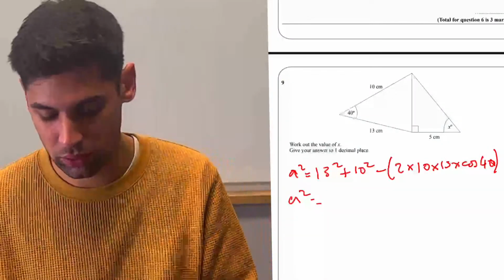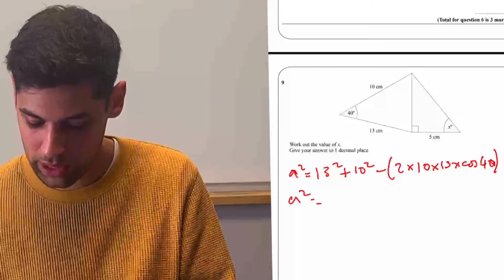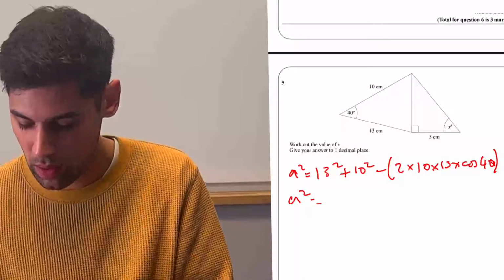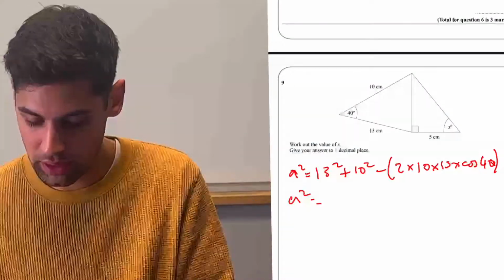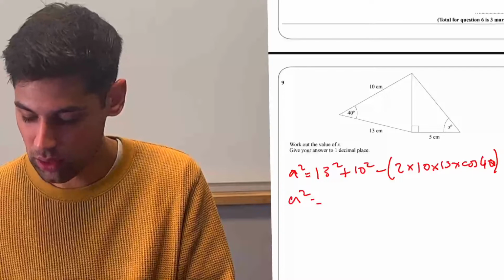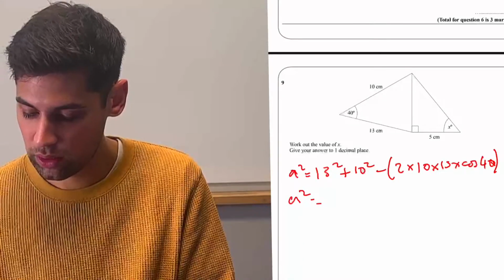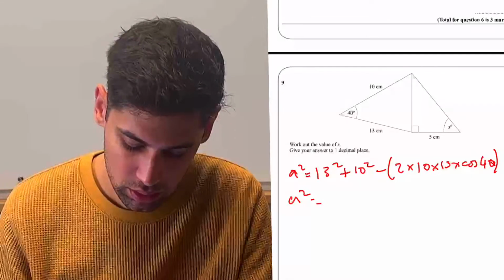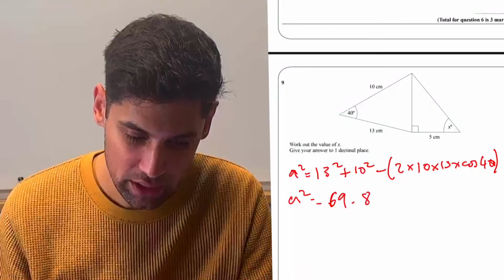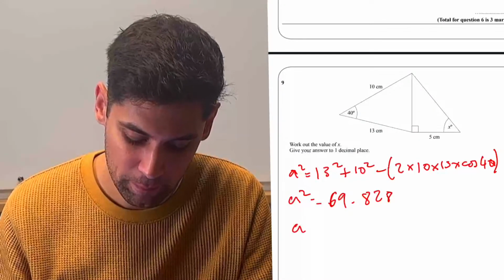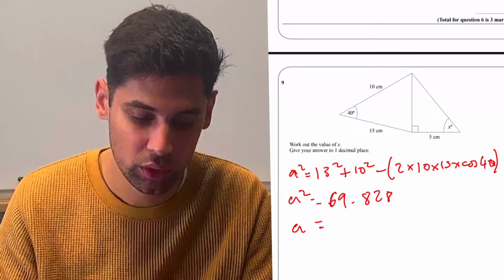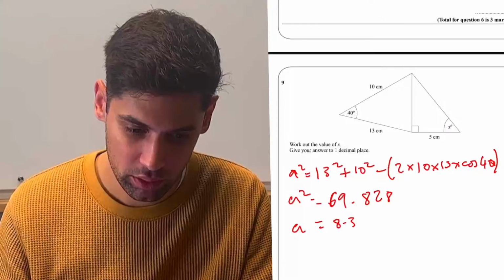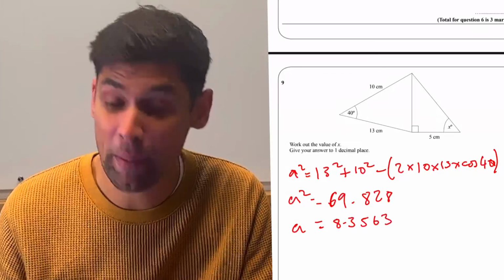A squared equals 13 squared plus 10 squared minus 2 times 10 times 13 times cos 40. 69.828. Square root that to get A equals 8.3563. And remember, we're not finished.